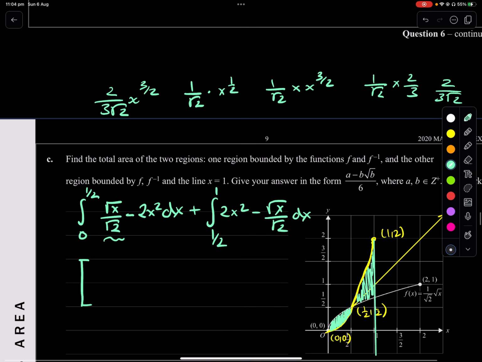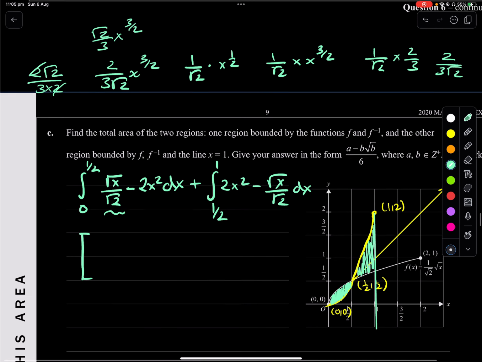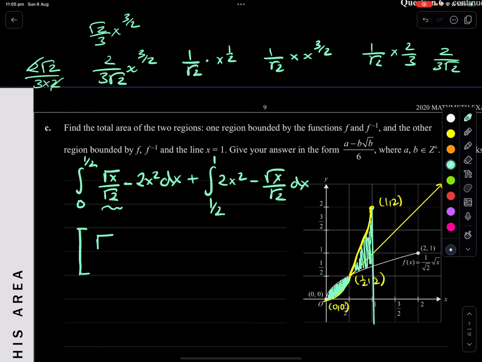Let me just rationalize it: root 2, x to the 3 on 2, all over 3.